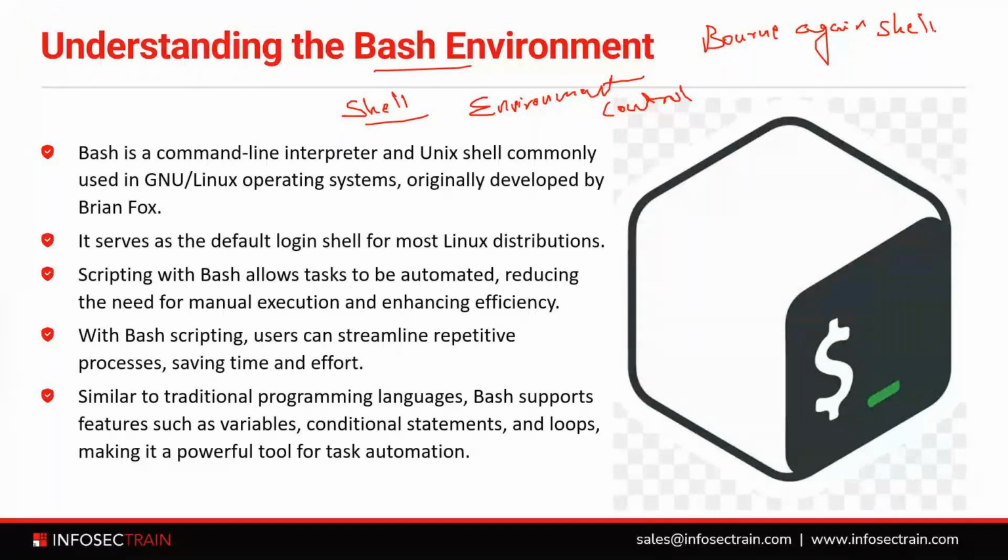In the Bourne shell, the very first shell, you were not able to perform arithmetic operations like addition and subtraction. But in Bourne Again Shell, you can do that. You can check the history, go to the older commands you have used, autocomplete commands, and autocomplete file names. Many things you can do.